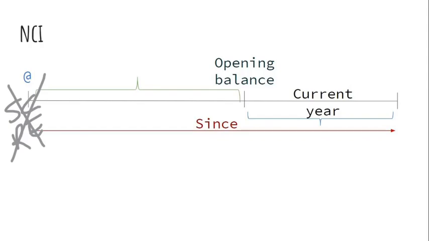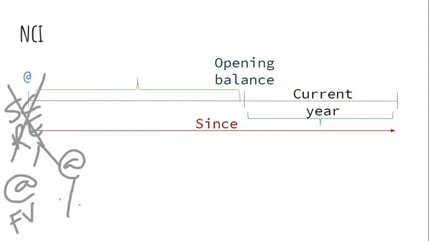At acquisition date, we also measure NCI at either fair value or at their proportionate share of the net assets of S. As part of the consolidation process, we always start with what we have available from the separate financial statements of S. What we now have available is the TB balances, the opening balances of these equity items.